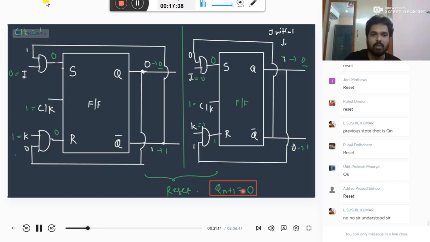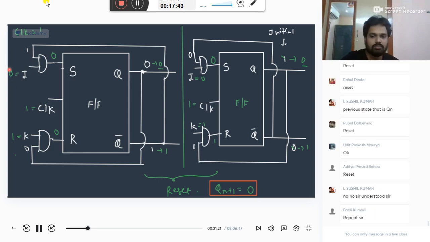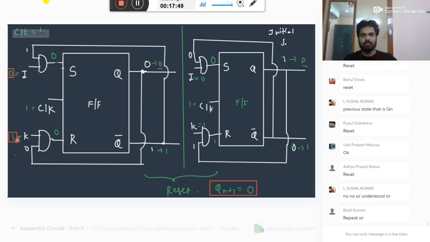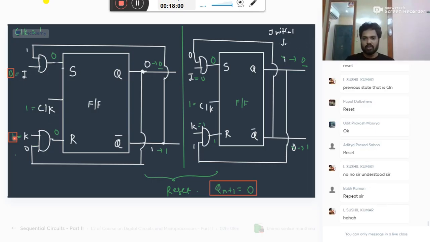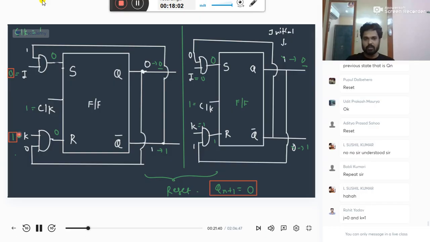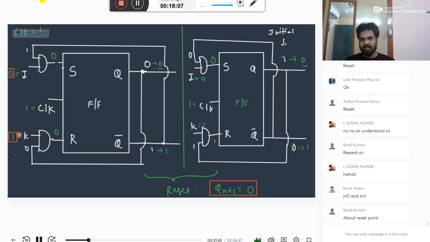So this is your answer for the JK flip-flop when J is equal to 0, K equal to 1. These are the inputs you have applied. Kumari, please check it. Any doubt, tell me. Don't see the whole figure at a time. You should remember the SR flip-flop truth table like anything. Reset means when output is becoming 0.